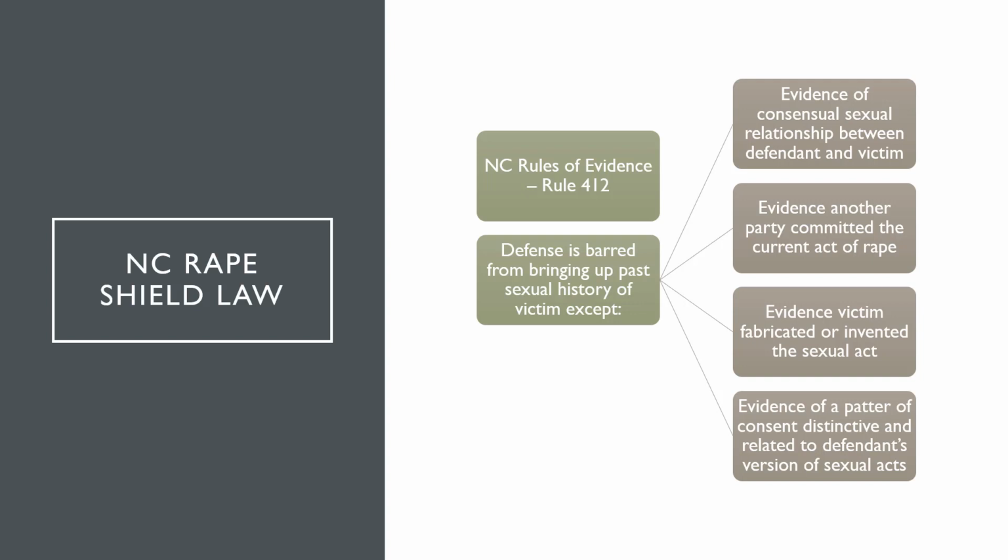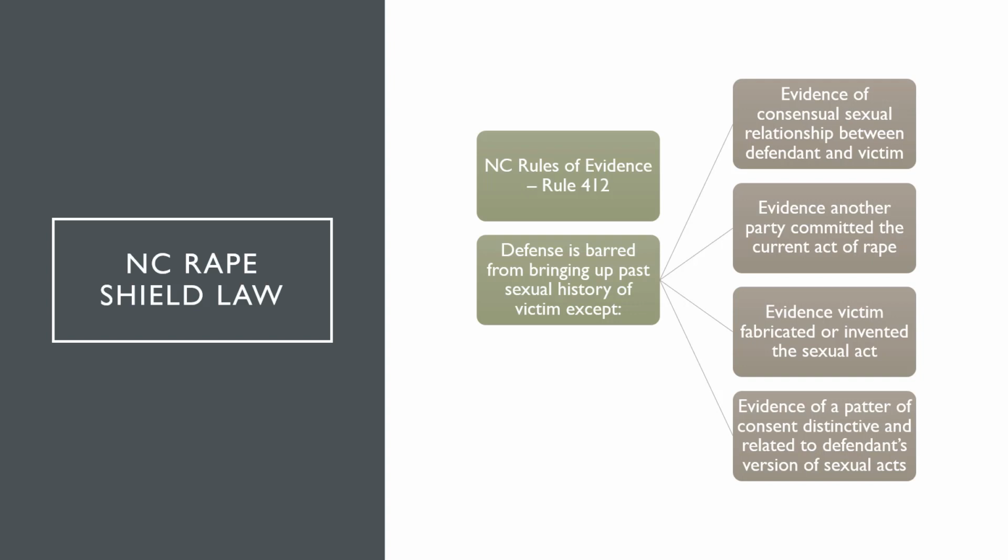3, that the victim fabricated or invented the sexual act, or 4, evidence of a pattern of consent distinctive and related to the defendant's version of the sexual acts. That there is a pattern of this. And basically, you could show under this 4th one, you claim this was non-consensual.